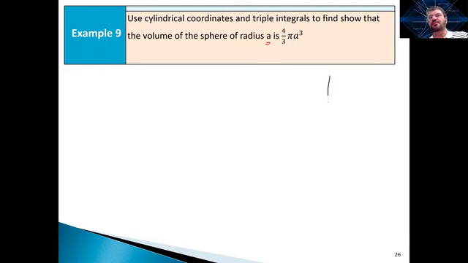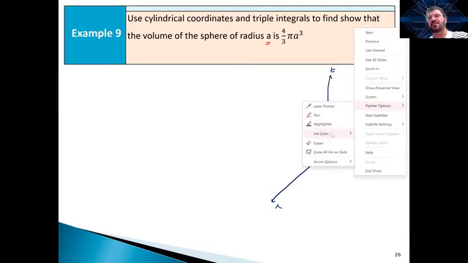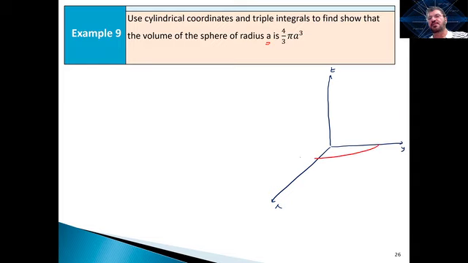I'm going to graph not the whole sphere, but half of the sphere. Only half sphere, semi-sphere. A sphere of radius a.